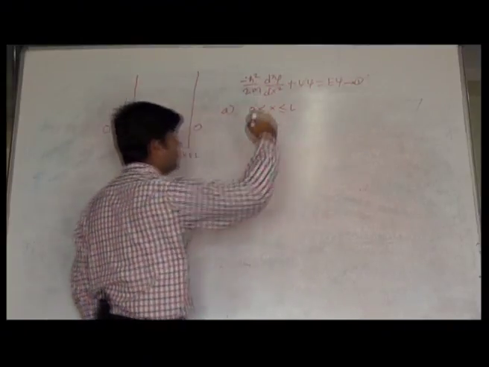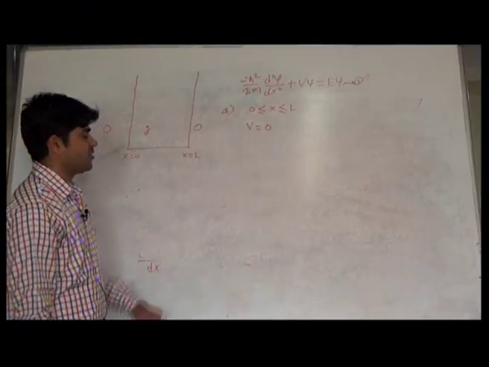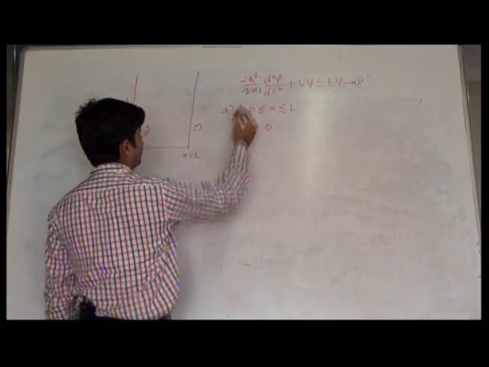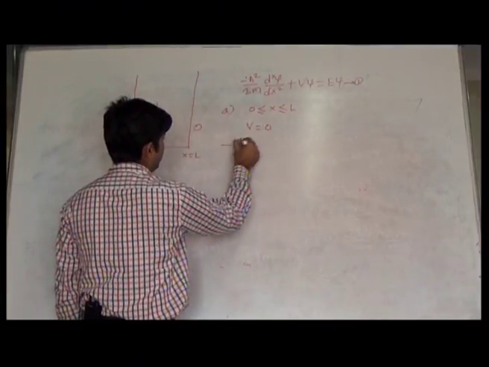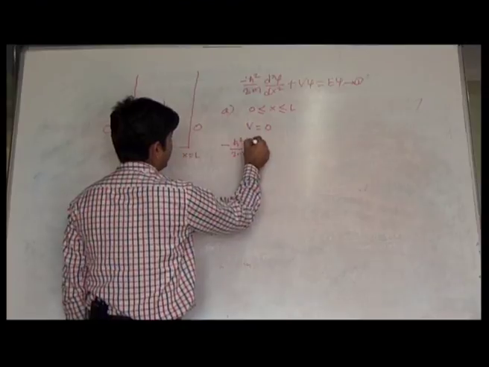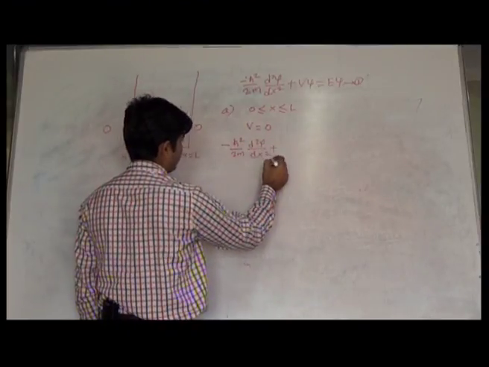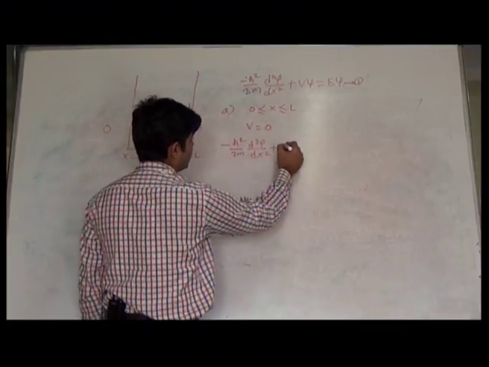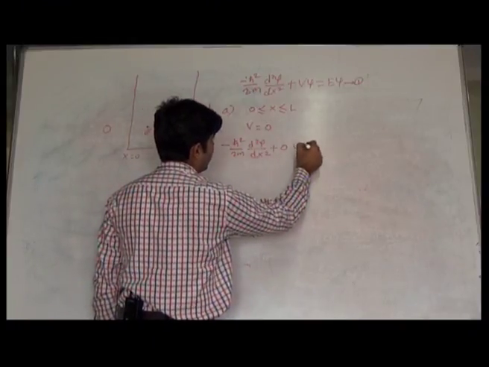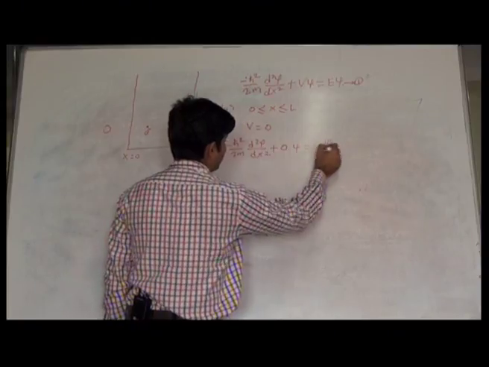Now, for this first boundary condition, equation 1 becomes minus h cross square upon 2m into d square psi upon dx square plus V, which is 0, into psi is equal to E psi.